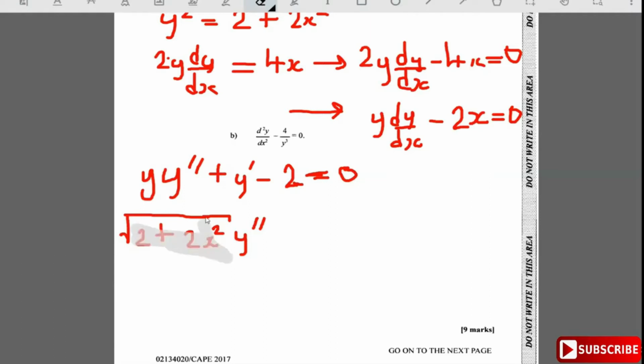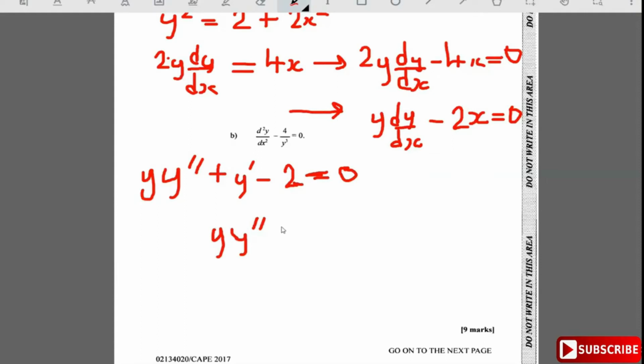We don't even need to write out what y is right here. Just keep it as it is. So it's y times y prime, and this y prime, which is dy by dx, is 4x over 2y.